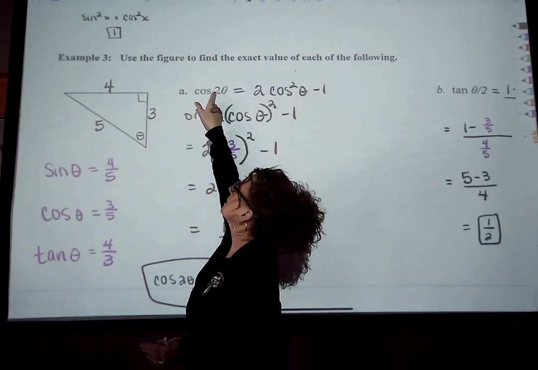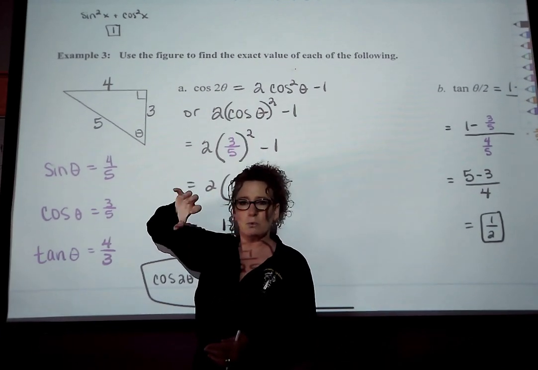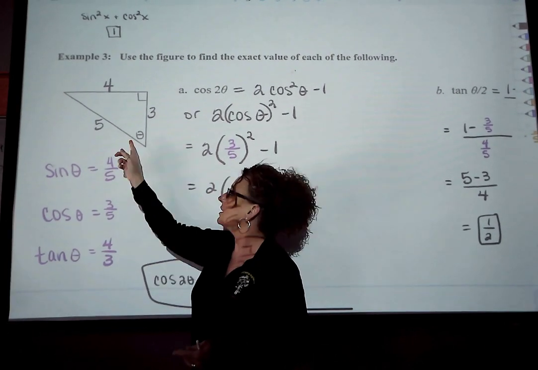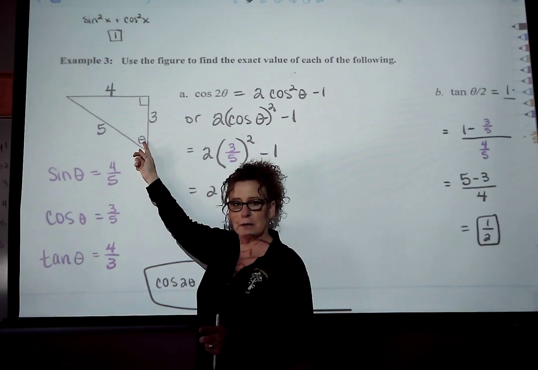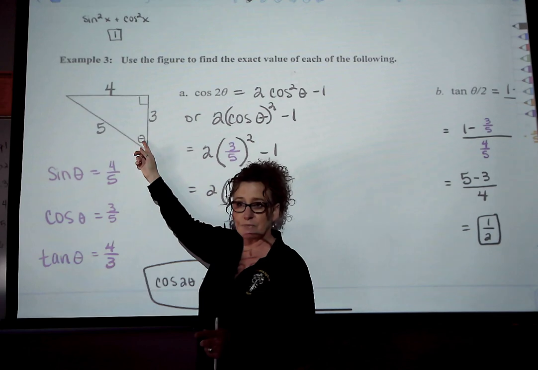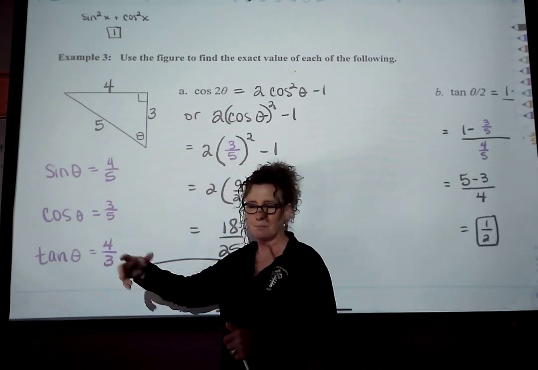I really want cosine of double that one. Well, if we take an angle in quadrant 1 and we double it, I think we end up in quadrant 2, don't you? Take an acute angle, double it. We just made it bigger. And depending on how big it was, it could be in quadrant 2.